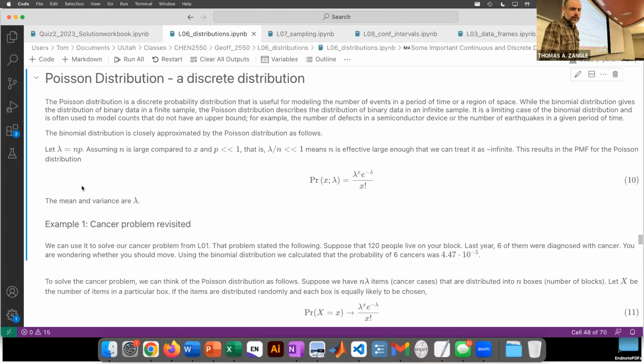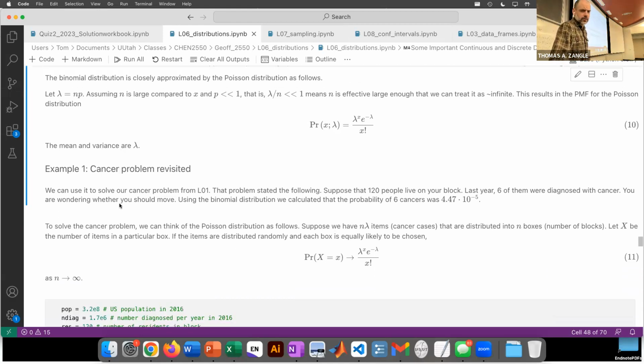One unique feature of the Poisson distribution is that both its mean and its standard deviation are lambda. So it has equal mean and standard deviation. It's a very unique distribution.